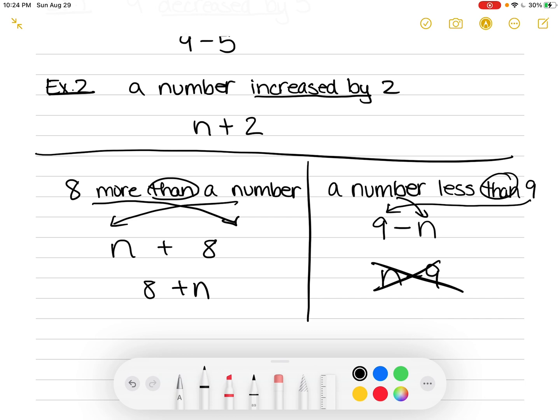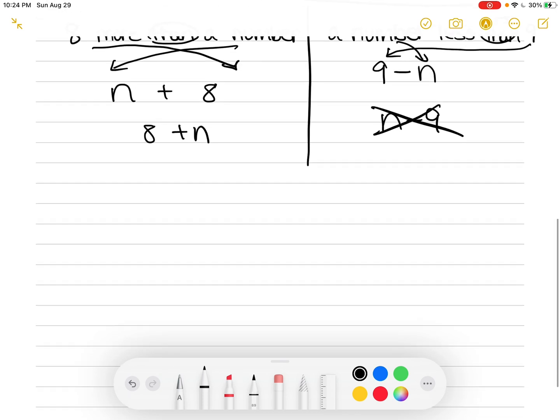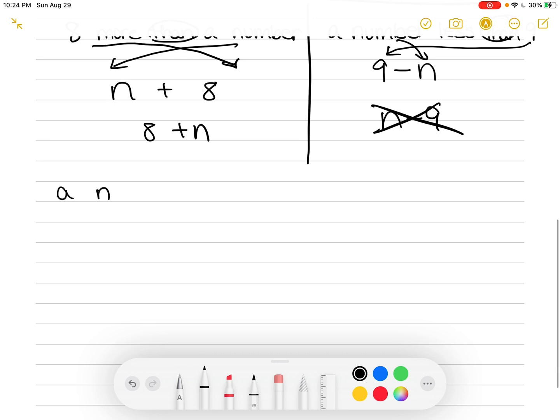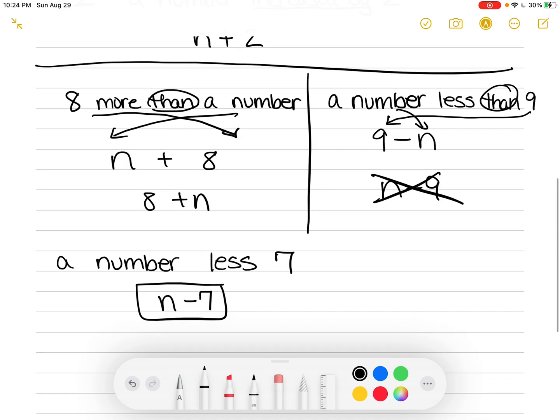The answer is 3, right? So 4 less than 7 is 3. So I did 7 minus 4. I did not do 4 minus 7. So it's that "than" word that makes it flip. But if I just had a number less 7, then that means I'm going to keep it in the same order. It's n minus 7. So that "than" word up here, I had it circled in both of them, means you're going to flip the order of them.